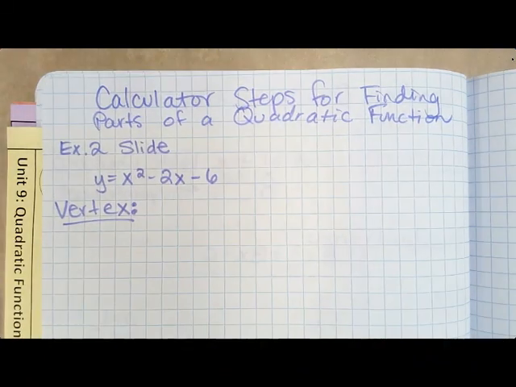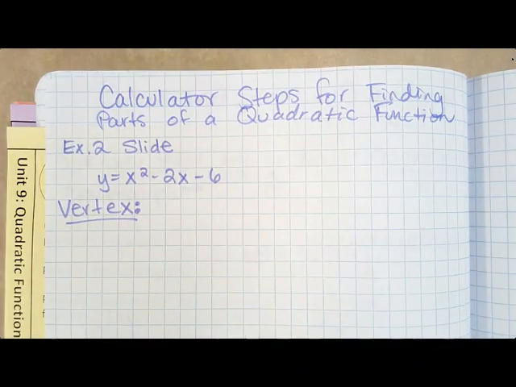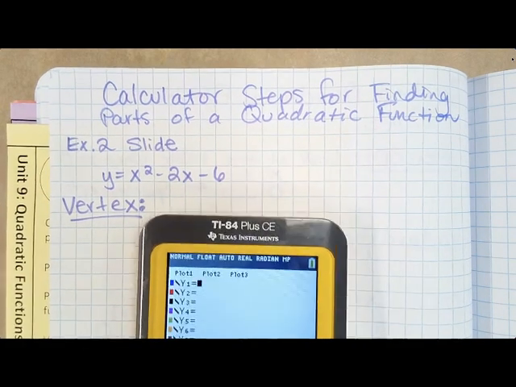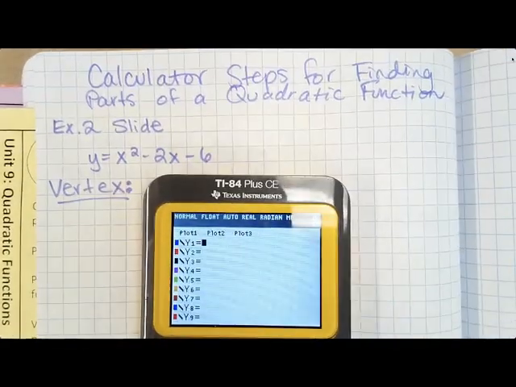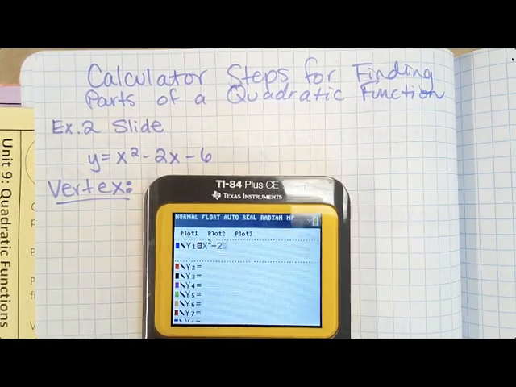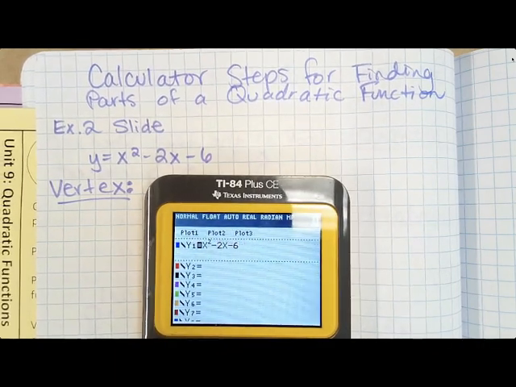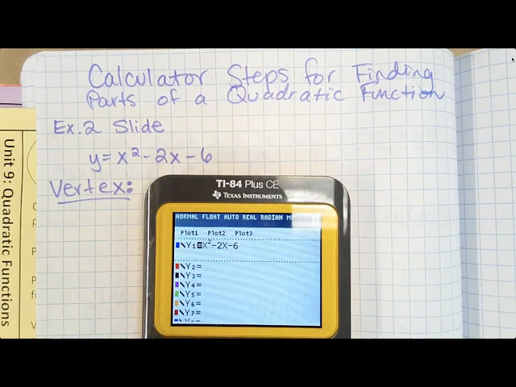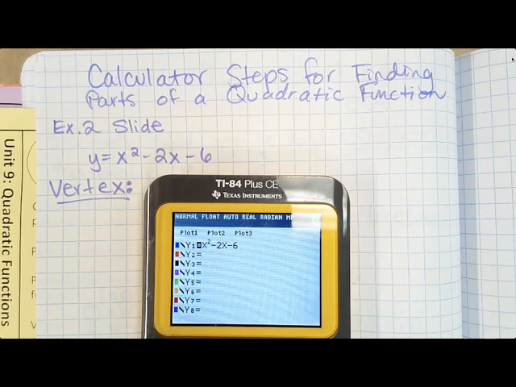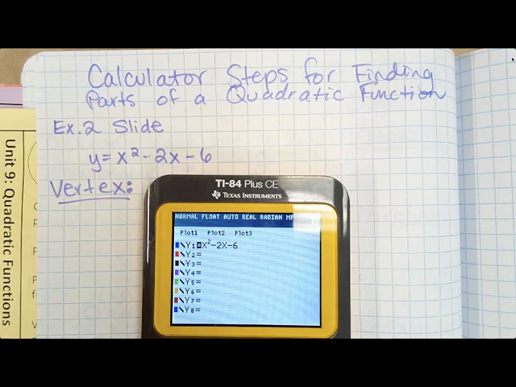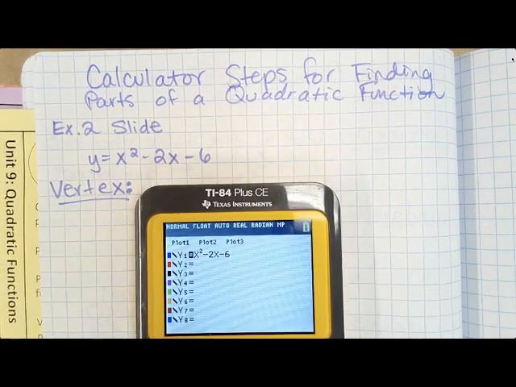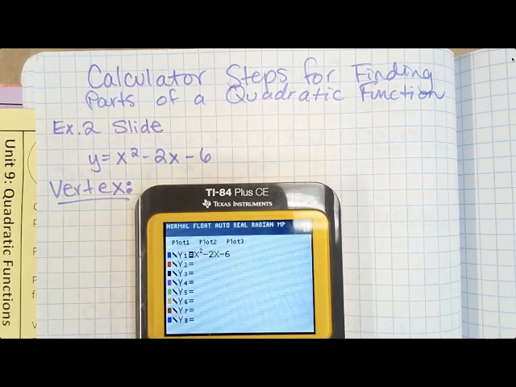So we are going to use our calculator. Get out your calculator and go to y equals, and let's put that function in. So it is x squared minus 2x minus 6. We first need to know, how is this going to look?